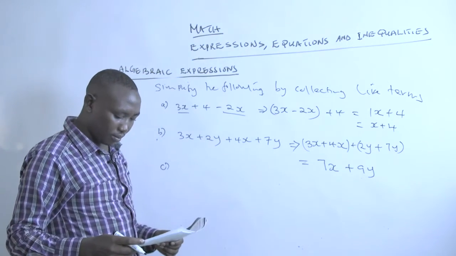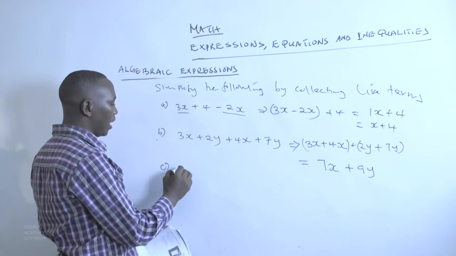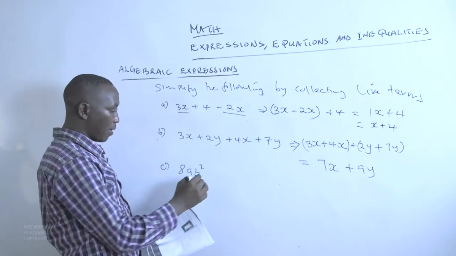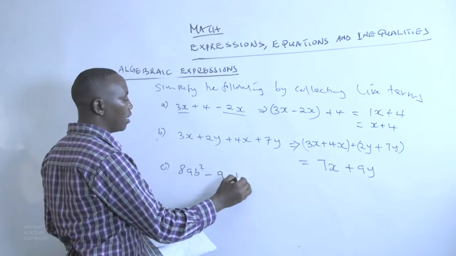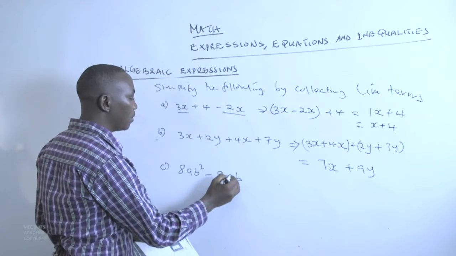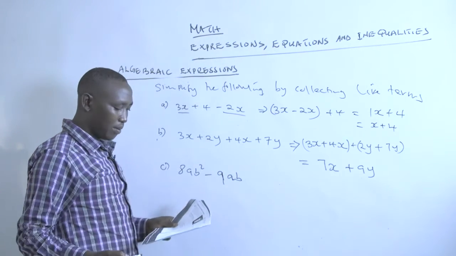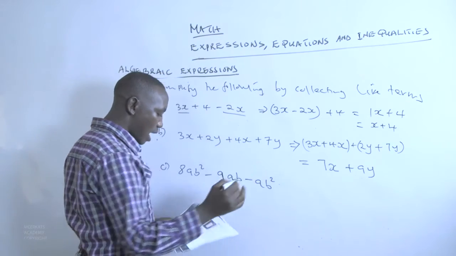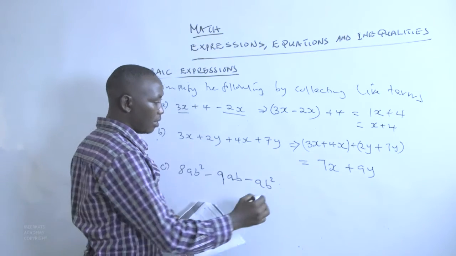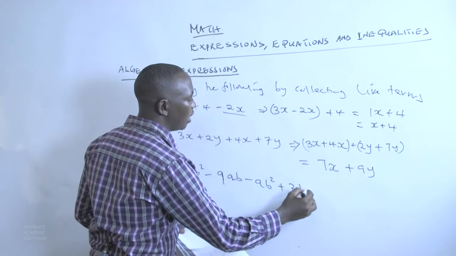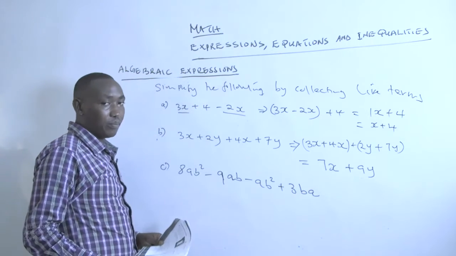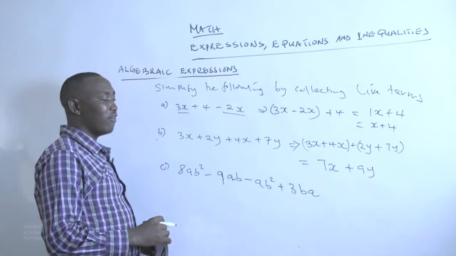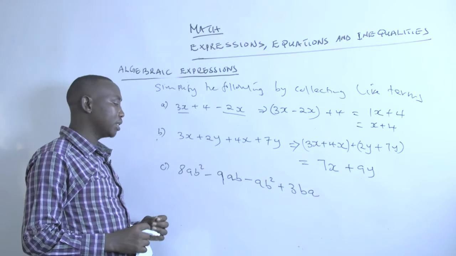C, 8a squared b, subtract 9ab, subtract ab squared plus 3ba. Now if you look at this, we also have pairs of like terms.